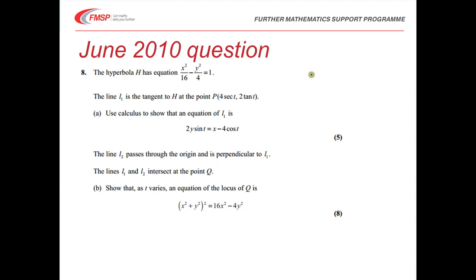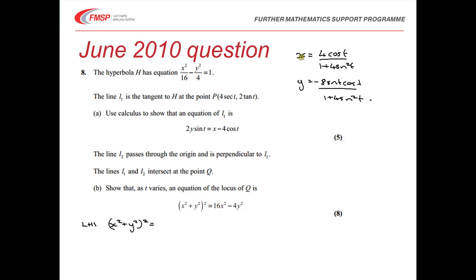Okay, so I'll write these two values out again first of all. x, which we worked out in terms of t, was 4 cos t divided by 1 plus 4 sine squared t, and y was minus 8 sine t cos t over 1 plus 4 sine squared t. So we'll start with the left hand side, which is x squared plus y squared, all squared.